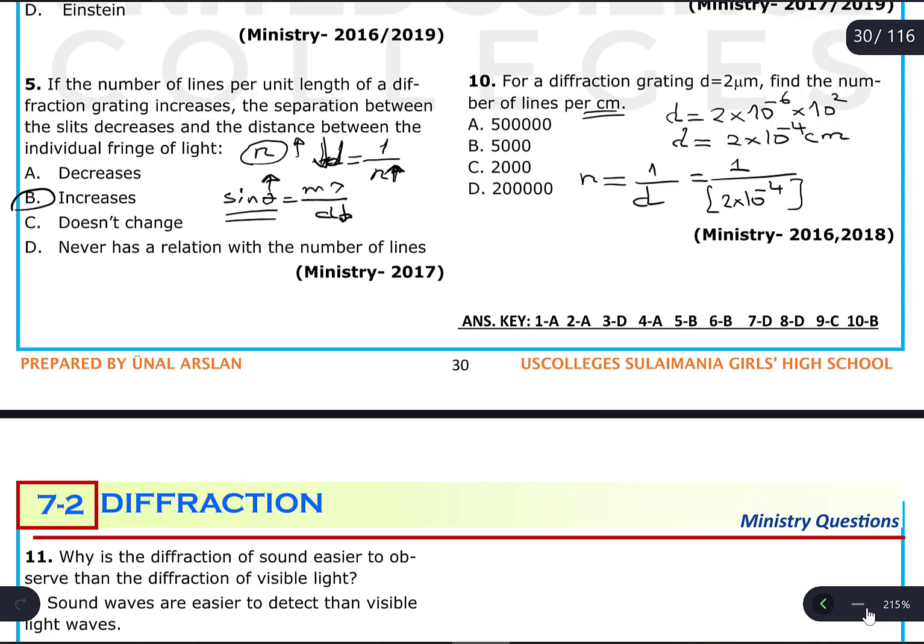Use the calculator: 1 divided by, we should use a bracket, 2 times 10 to the power of negative 4, close the bracket. Result is 5,000. So there are 5,000 lines per centimeter, so B is the correct answer.